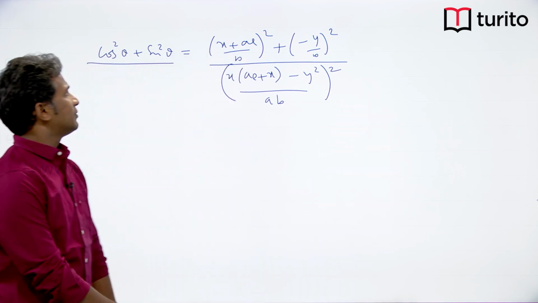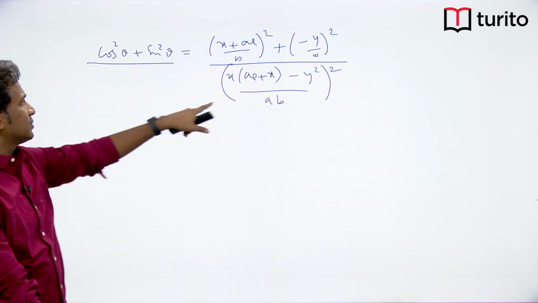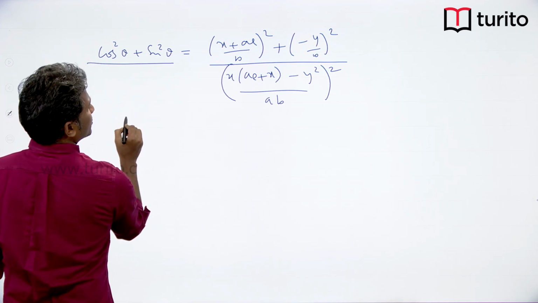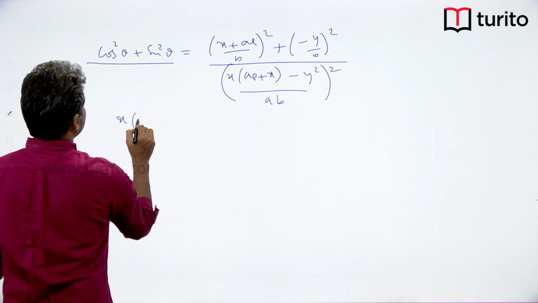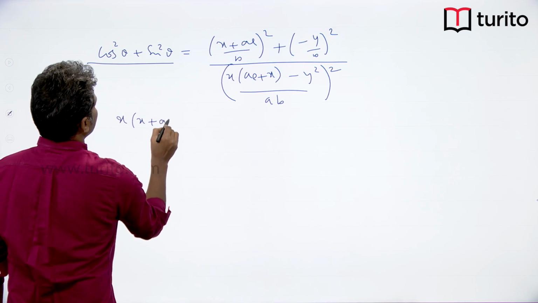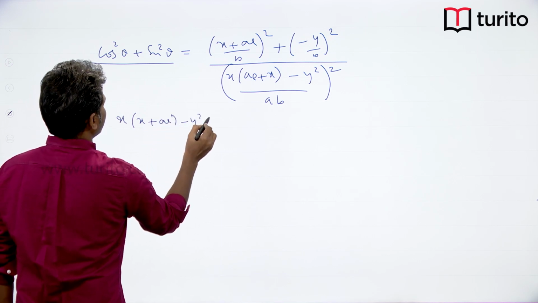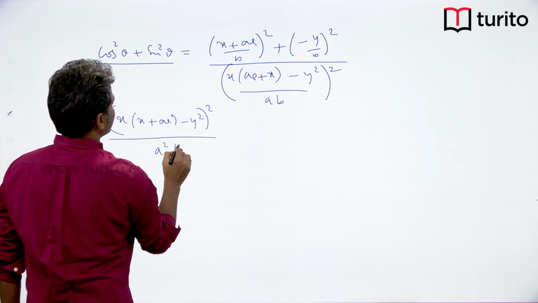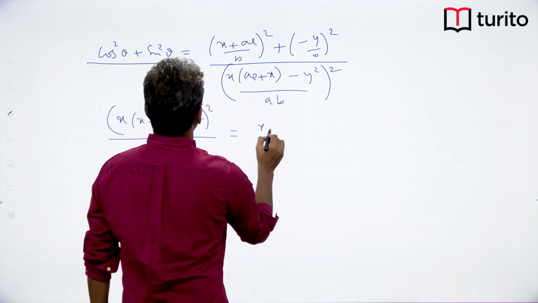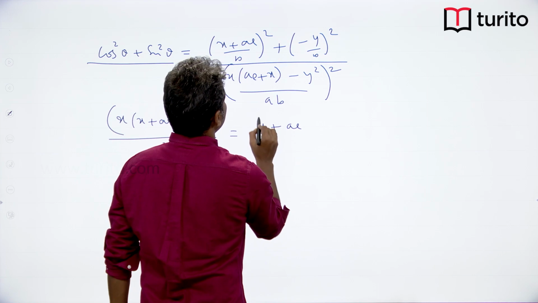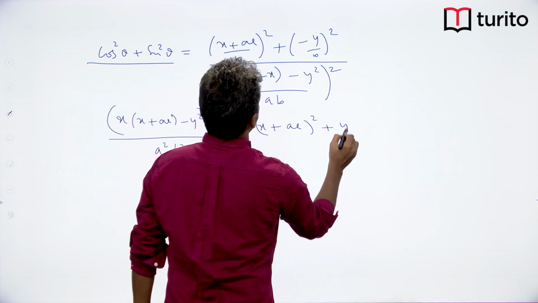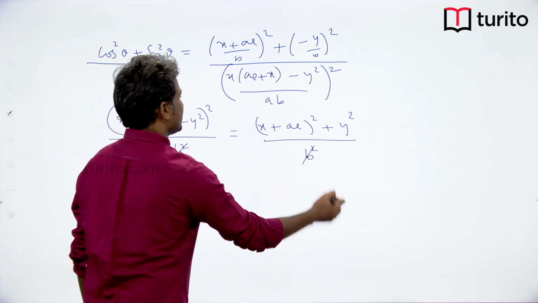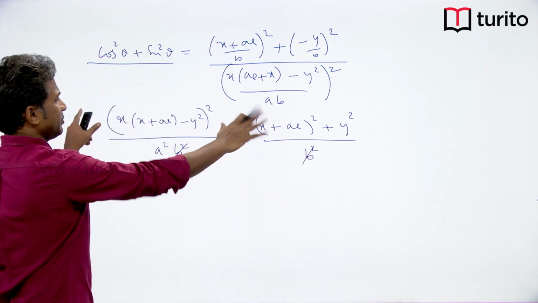Okay. So, now just because this is 1, so just take this to LHS and simplify it. So, it becomes x into x plus AE minus y square whole square by A square into B square is equal to, here we are getting x plus AE whole square plus y square by B square. So, here we can get B square cancelled and we can simplify it.